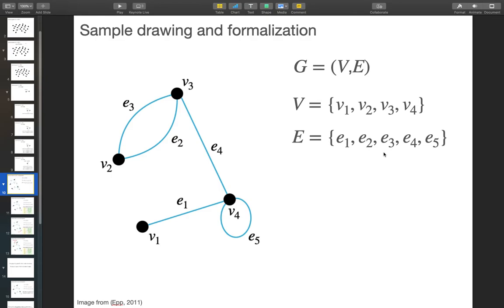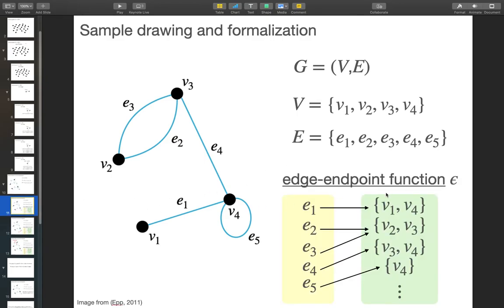Now, kung mapapansin nyo, an edge can be mapped to the vertex or the vertices it connects. So, pwede tayong gumawa ng isang function describing such mapping. Ang tawag natin sa function na yun ay edge endpoint function. So, ano yung domain? That's just your set of edges.